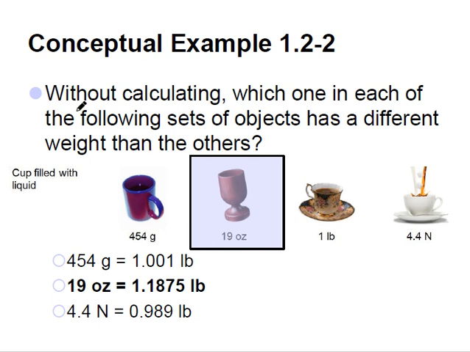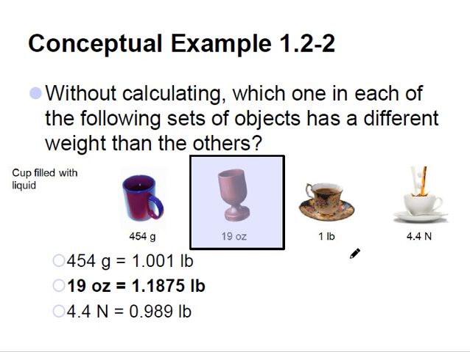So here is your problem: without calculating, which one in each of the following sets of objects has a different weight than the others. So you've got 1, 2, 3, 4.